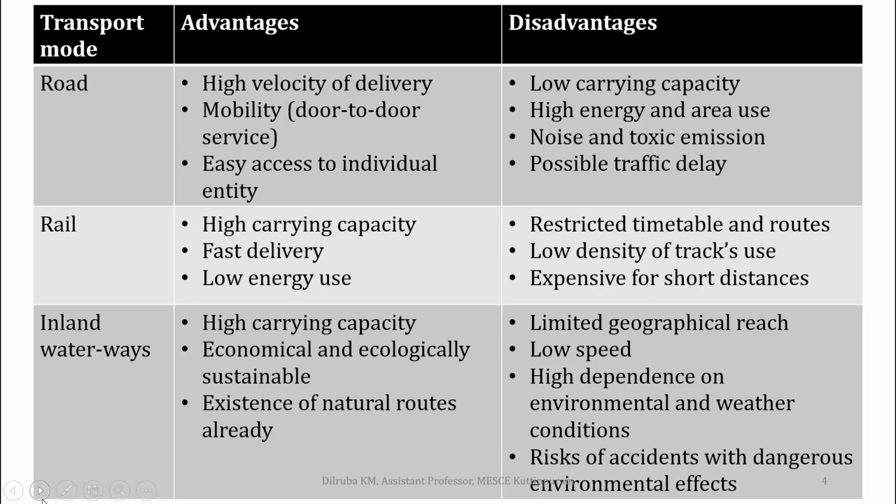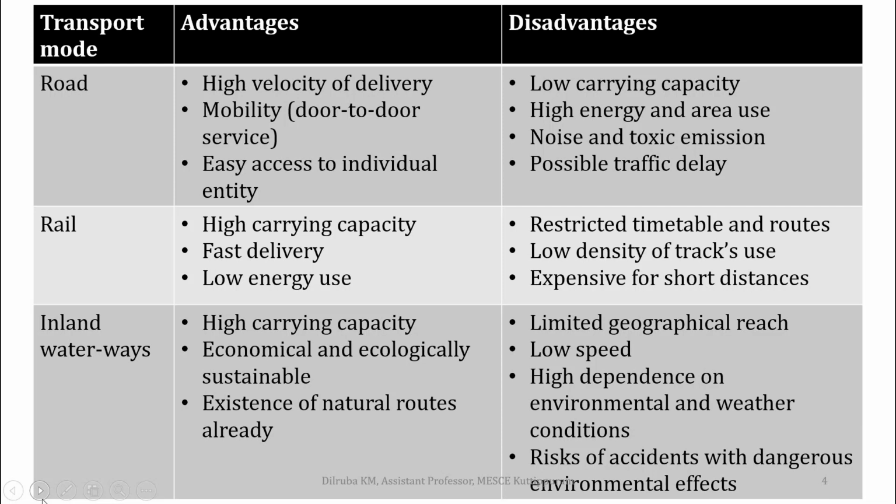In rail, we have higher capacity compared to road, and it is fast delivery and low energy use. When we compare this rail mode to the road mode, we can see it uses very little energy, but there are a few disadvantages like restricted timetables and routes, a low density of tracks used, and expensive for short distance.